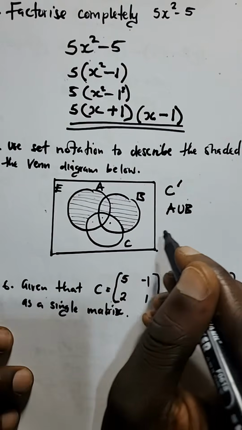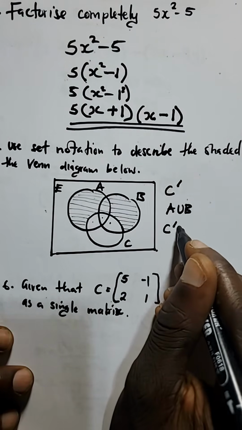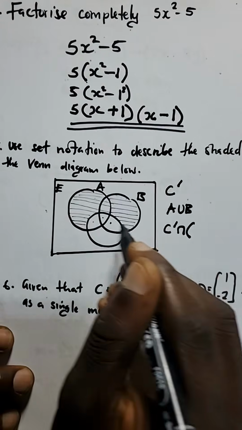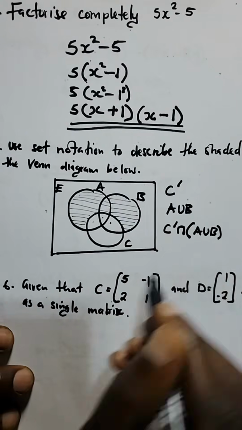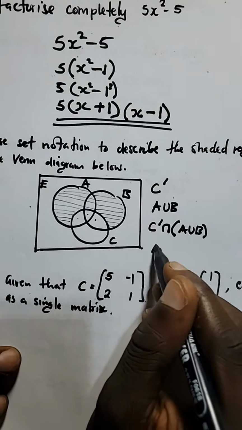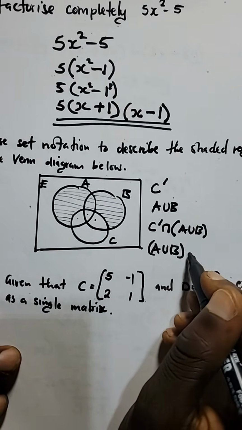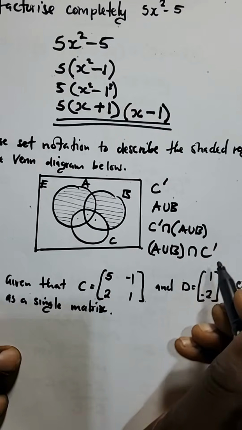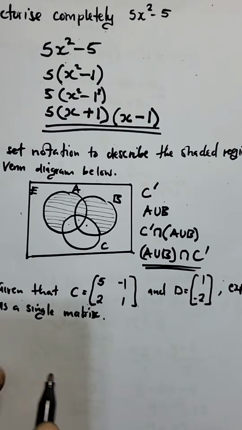Starting with a set which has a complement, you can say C complement intersect, open bracket, A union B. Okay? This can also be written as, start with A union B in bracket, intersect C complement. Okay? This is the answer.